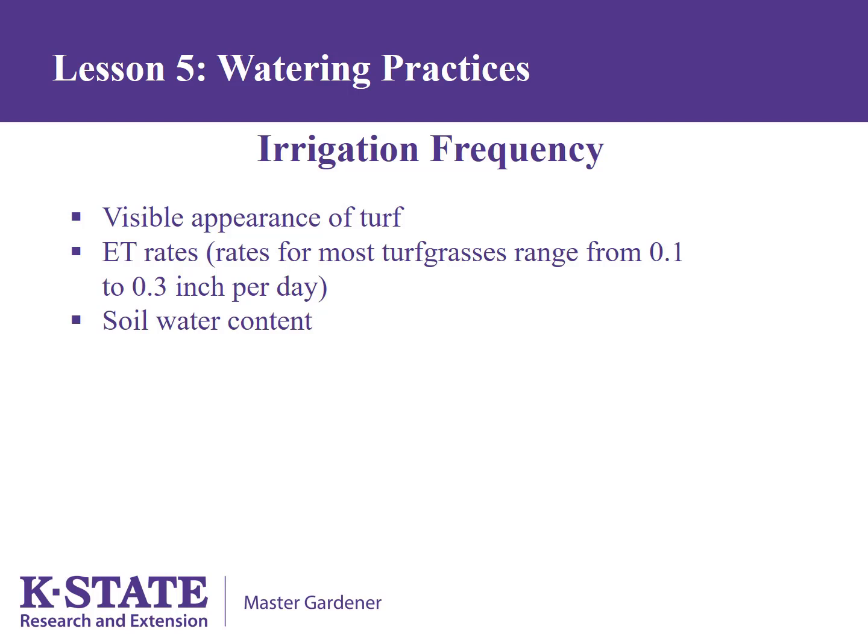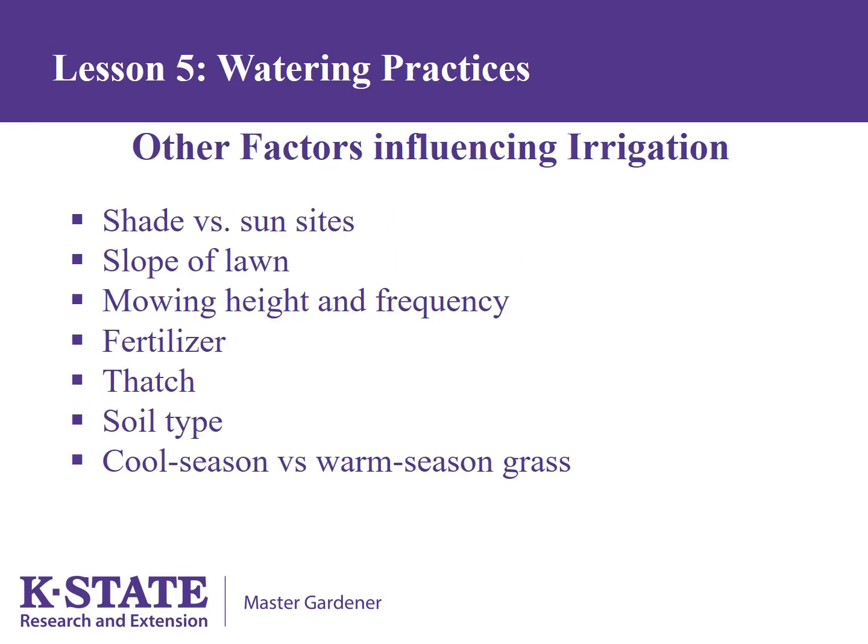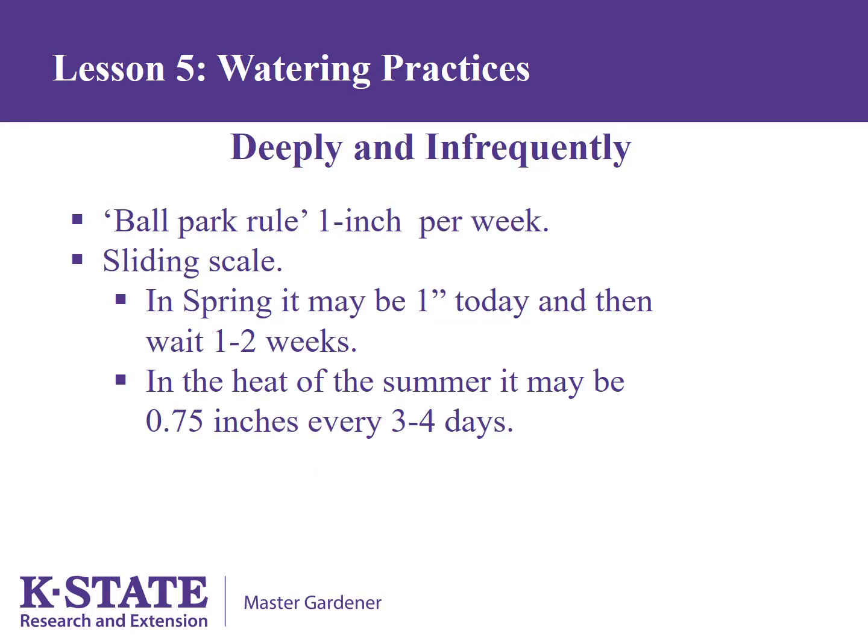And so the soil water content also determines your irrigation frequency. Other factors that influence irrigation: sun, shade, soil type, your slope, thatch, which we'll get into thatch management a little bit, and the grass types in there. But generally what we want to see with irrigating lawns is about a ballpark of 1 inch of water a week.